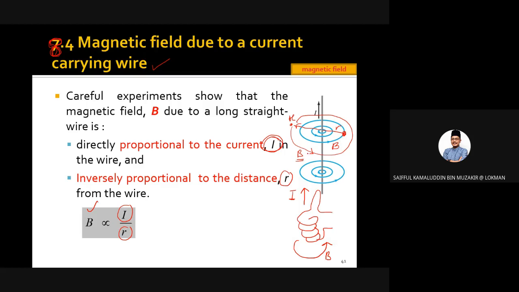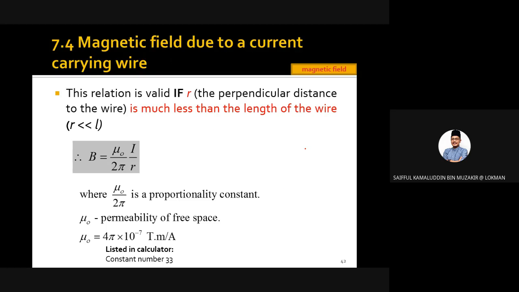So B is directly proportional to I and inversely proportional to R. A formula, an equation, could be formed from this proportionality. So what is the equation? This is your third equation for this subchapter.